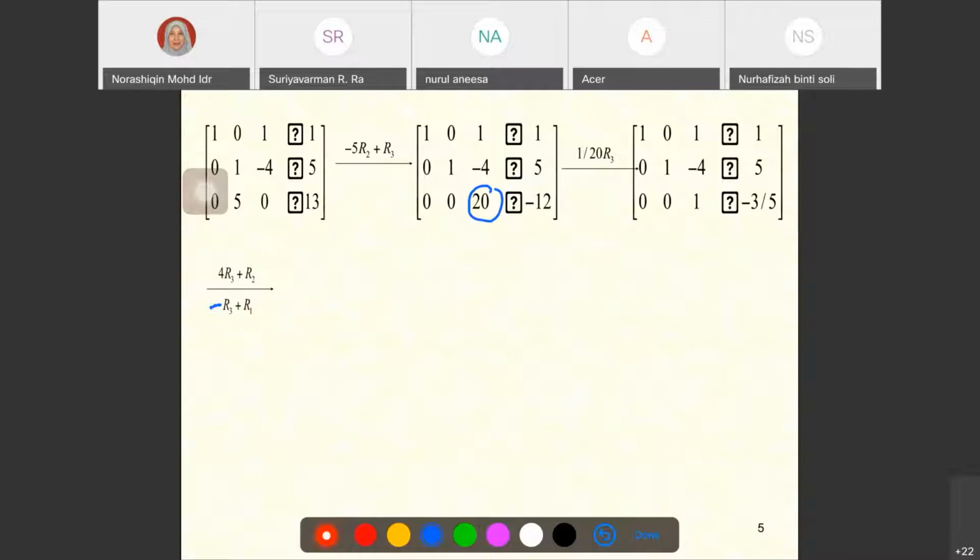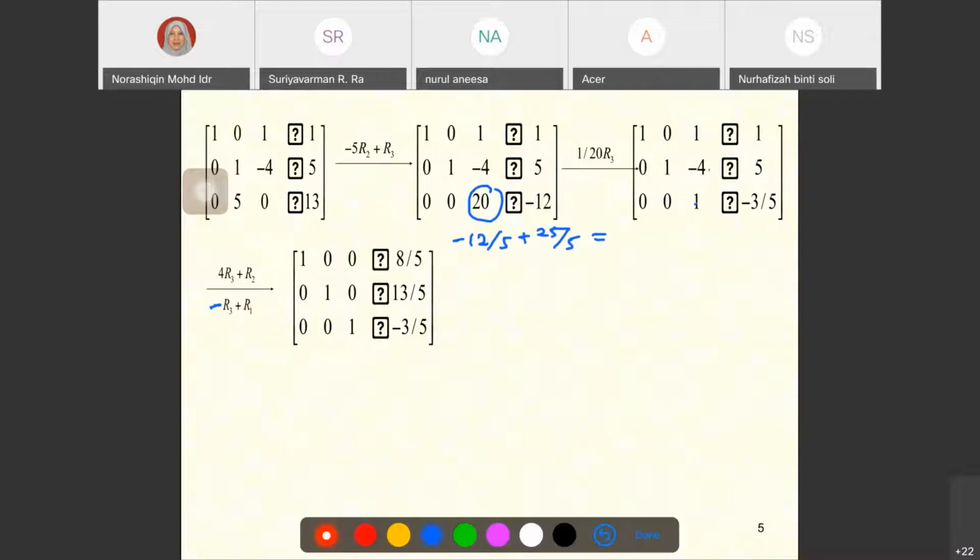Cuba check. 4, okay, mati 0. 4, negative 12. Negative 12 over 5 plus 5. Negative 4. Okay, negative 12 over 5 plus 25 over 5.